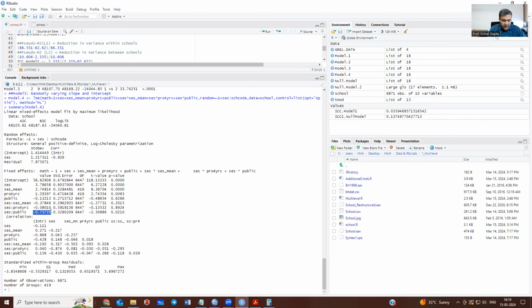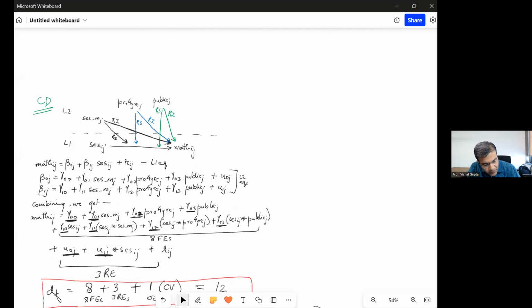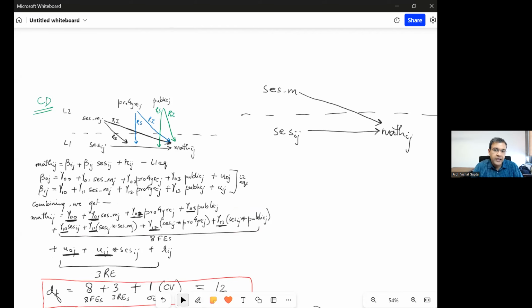So if I go back to my model, what is this analysis telling me? If I have to change my diagram, what will it be like? Based on what we are getting, we are now getting this kind of a model. For SES mean, you have only a direct effect. There is no moderating effect.